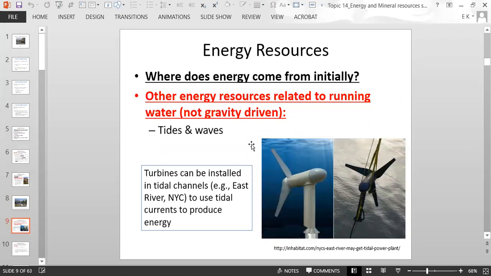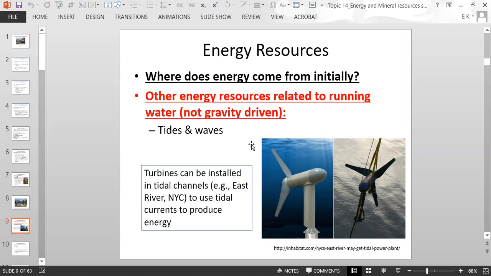Now this is other energy resources related to running water that's not gravity driven. So we have tides and waves. So you can put these turbines in an area where the water is flowing due to waves or tides. For example, a tidal channel like the East River in New York City.